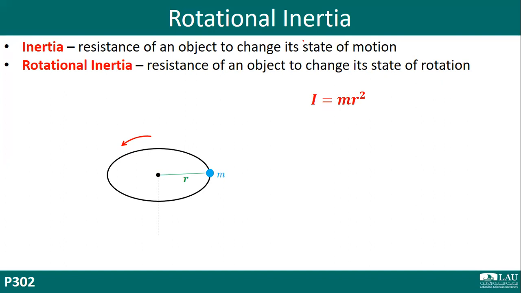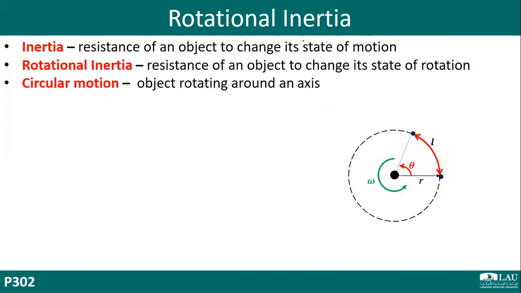So rotational inertia is given by the symbol I, and the general formula for a single body of mass m depends on the distribution of m and the shape of the body. So rotating a mass m at a radius r from a center or axis of rotation, the rotational inertia is given by the product of m and r squared.